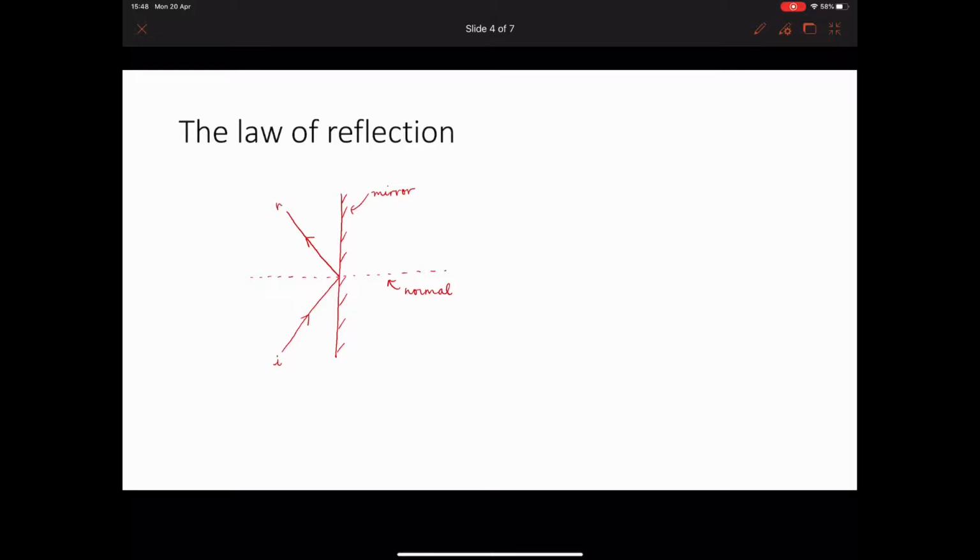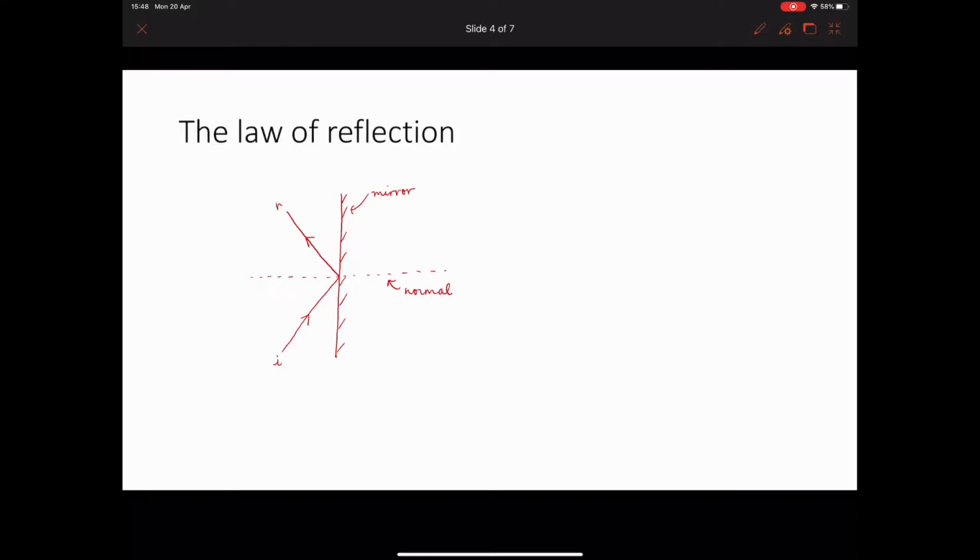So we want to know how on earth we'd go about doing something like that. Now we saw in our last little slide that every single time, we want to measure our angles of both incidence and reflection from the normal line, which is this line here that is running perpendicular to our mirror.